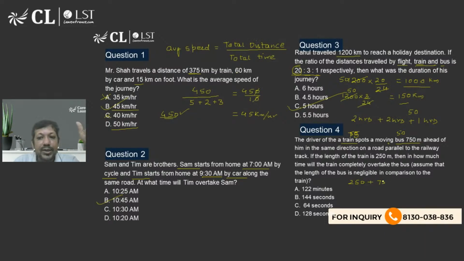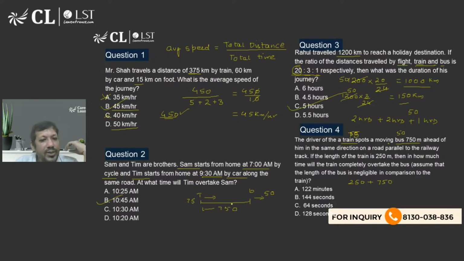So this is the distance the train has to travel. So this is the bus, this is the train. A bus is traveling like this, the train is traveling like this. The distance between them is 750. Bus is traveling with a speed of 50, train is traveling with a speed of 75.